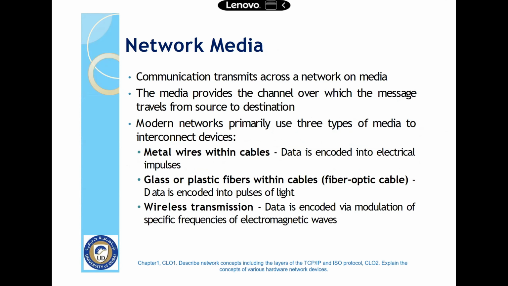Now, network media, there is a different chapter also for this one, which is like the actual devices you use for transmitting the data. We can use cables, fiber optics, copper, or the wireless media. All of these things we call media. Media is the means of transmission, how data is transmitted.